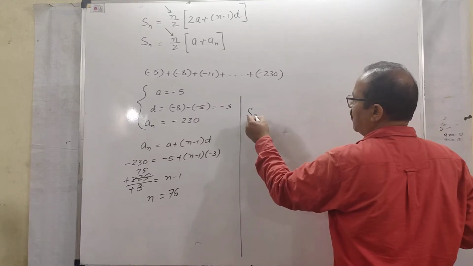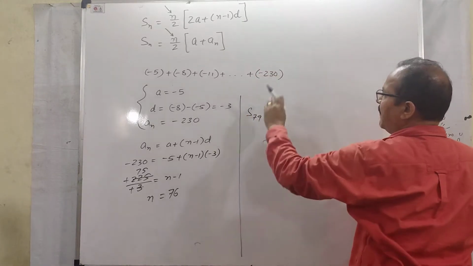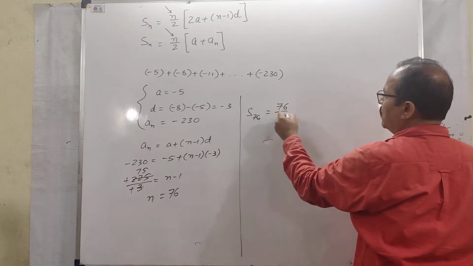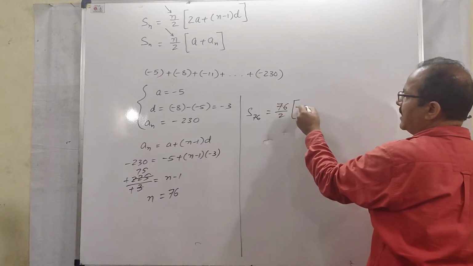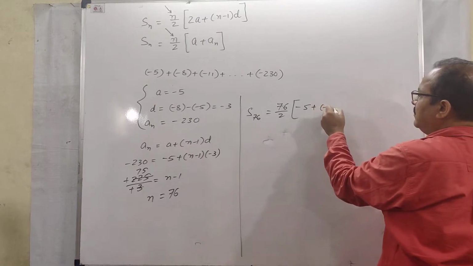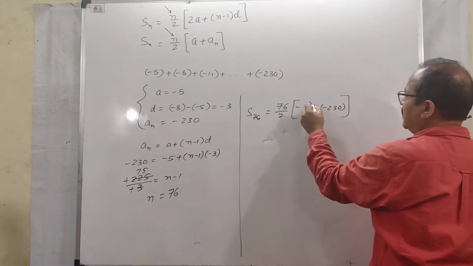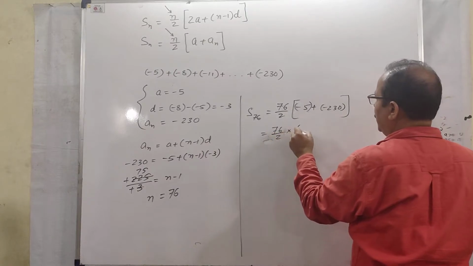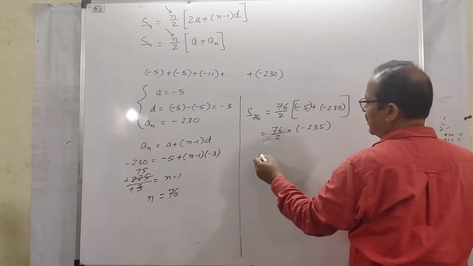Now when you get the value of n as 76, we will find out the value of s76. So n upon 2 into a plus an, 76 upon 2 into minus 235.